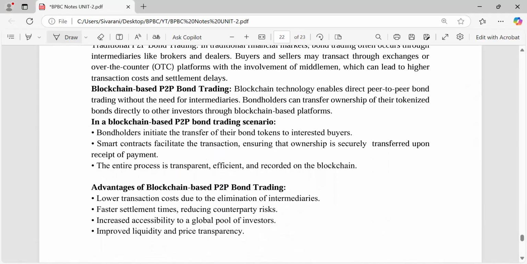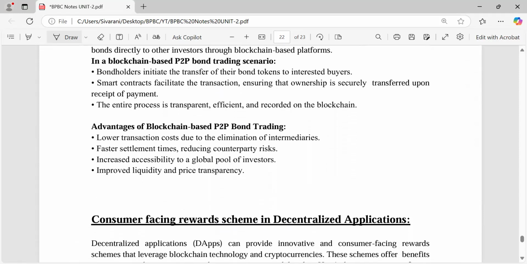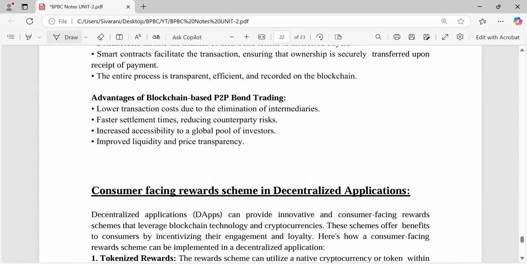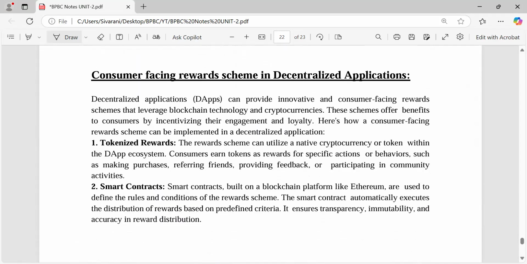What are the advantages of the blockchain? Lower transaction costs due to elimination of intermediaries, faster settlement times, reduced counterparty risk, increased accessibility to a global pool of investors, and improved quality and price transparency.